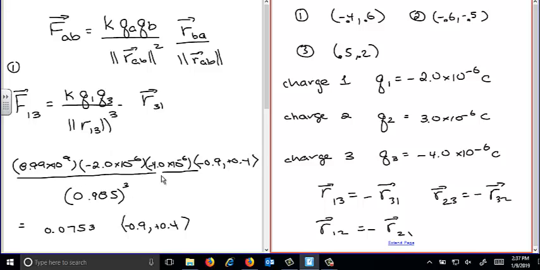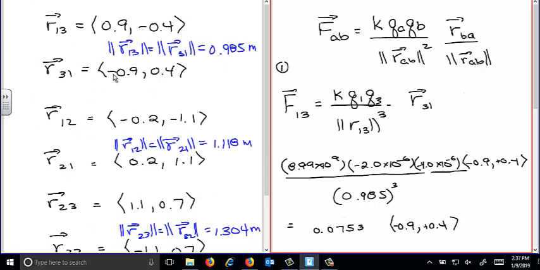If you multiply these four numbers together, you get 0.0753. Now here I use R31, not R13. We calculated R13, but what we need is R31, which is negative R13. So this is negative 0.9 plus 0.4.